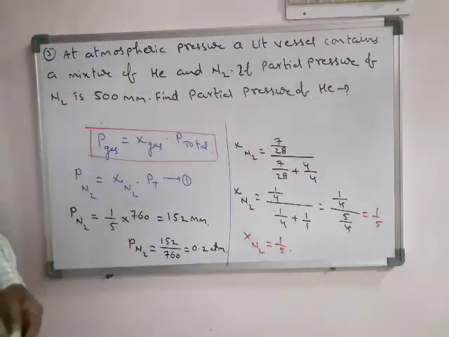So here, the simple one: the partial pressure of the first gas, that is nitrogen, is given.